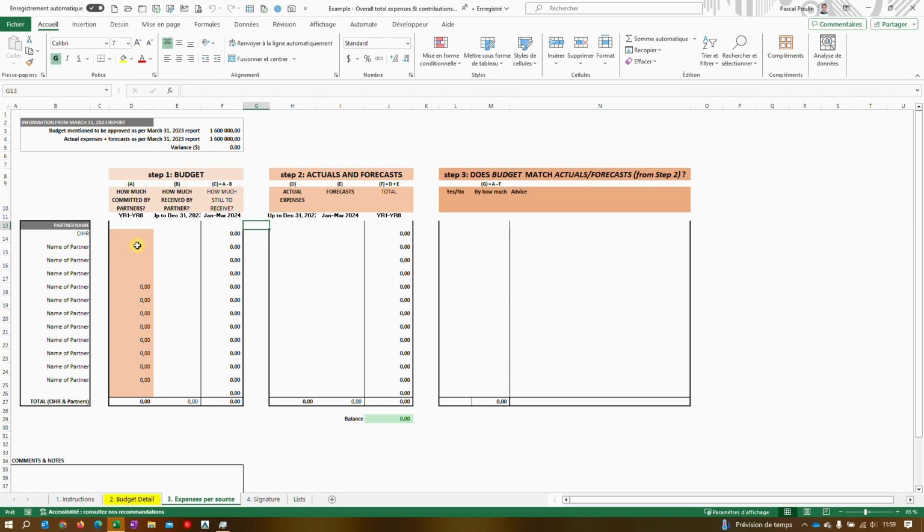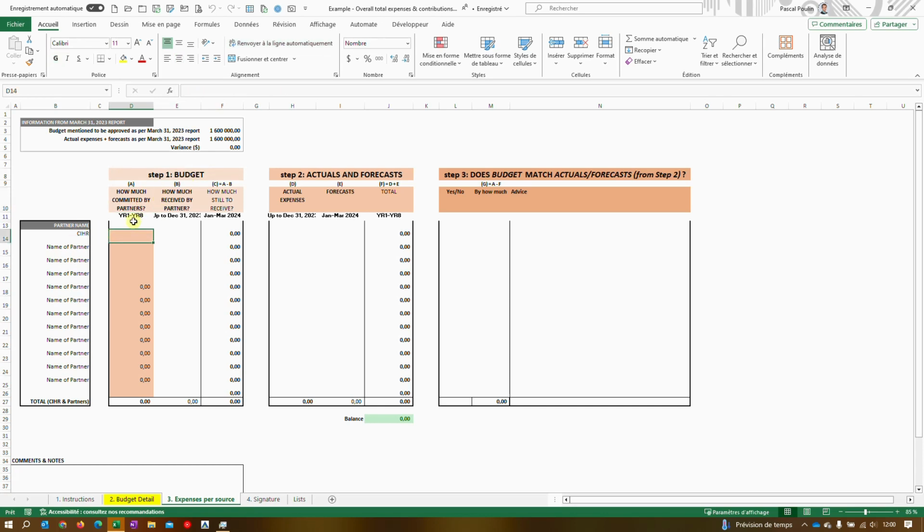So actually, you simply need to go, and let's say that you have an approved budget of 1.6 million, for instance. Among that, this first step is to see what was the actual budget, or how much was committed by your different partners.